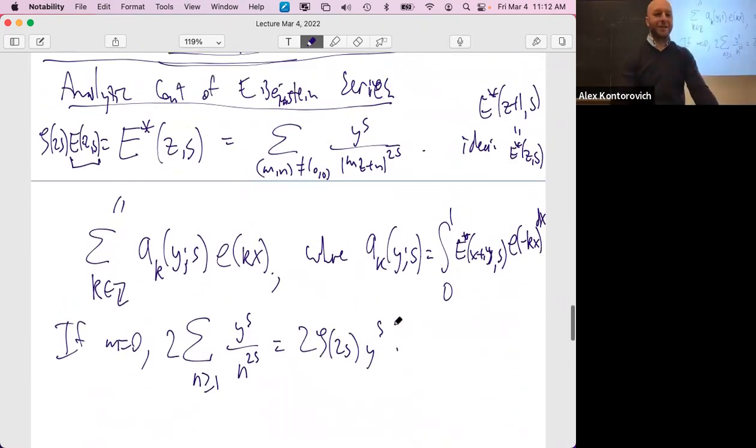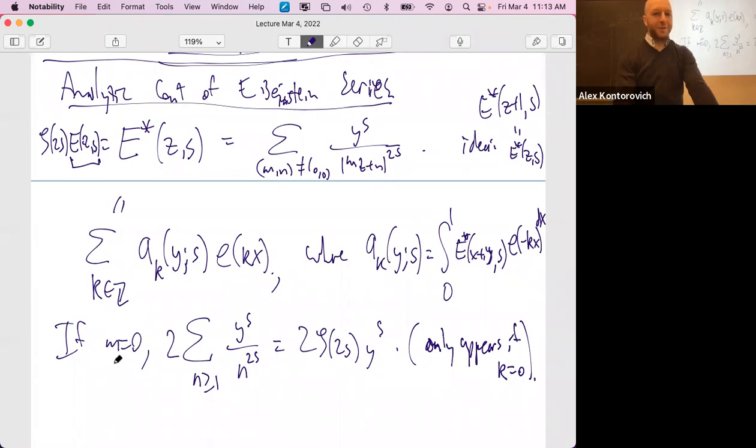So I shouldn't be surprised to see this factor. This can only contribute to k equals 0, the constant term, where we've written the series as e to the kx. I'm breaking this up into the contribution from m equals 0 and the contribution from m not equal to 0.